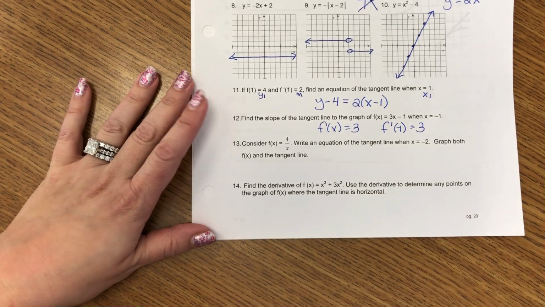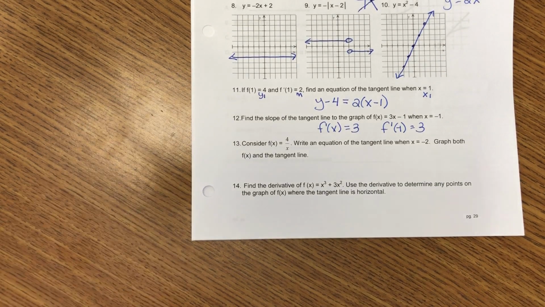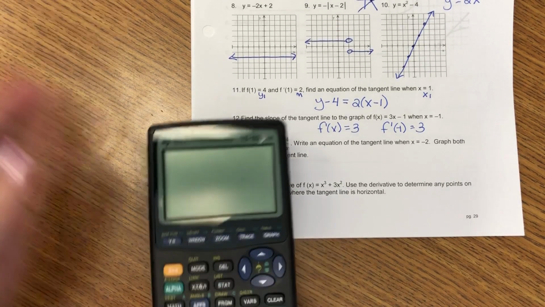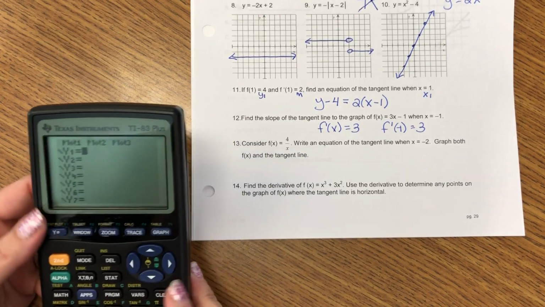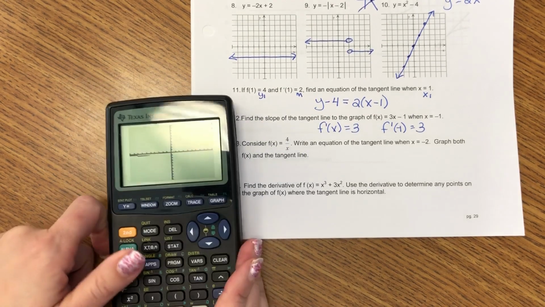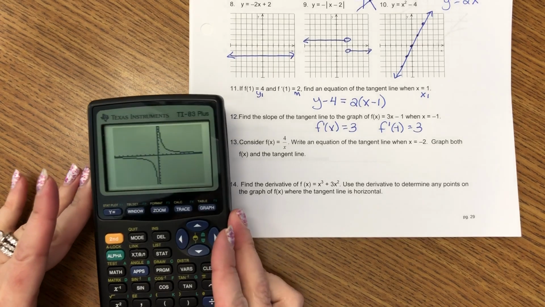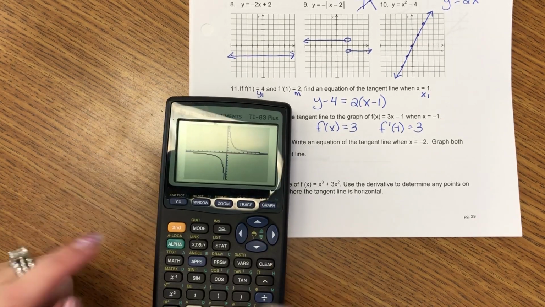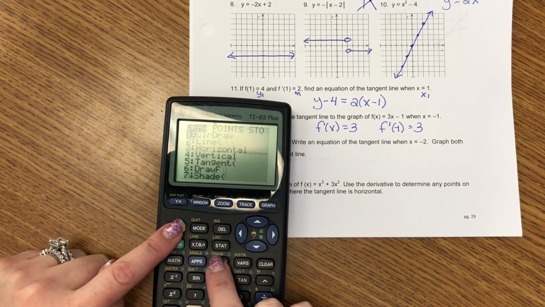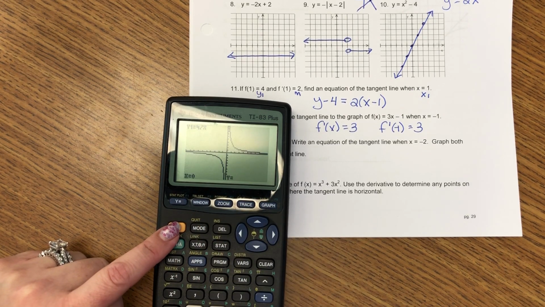14, graph both. So I'm going to get out my calculator. So in y equals, I'm going to put 4 divided by x, graph it. And then write the equation of the tangent line and graph both. So if we do second program, choice 5 is tangent, and I want it at -2.